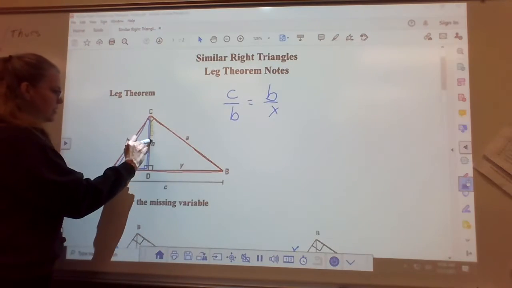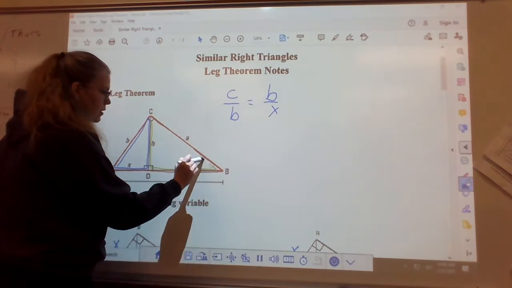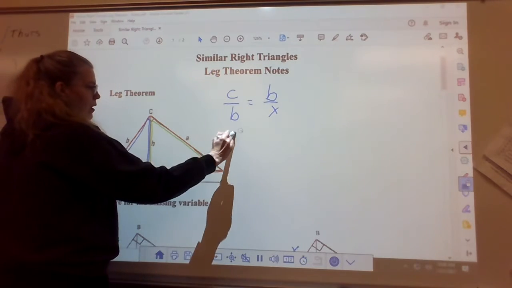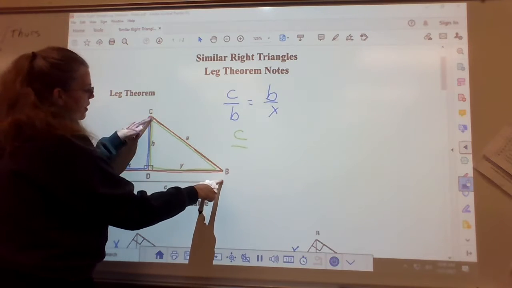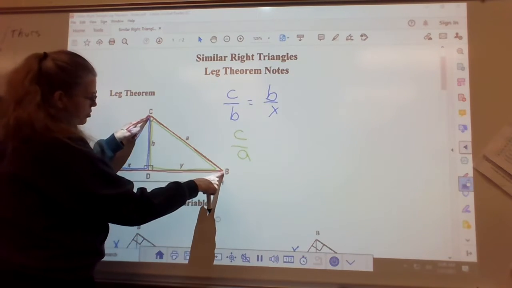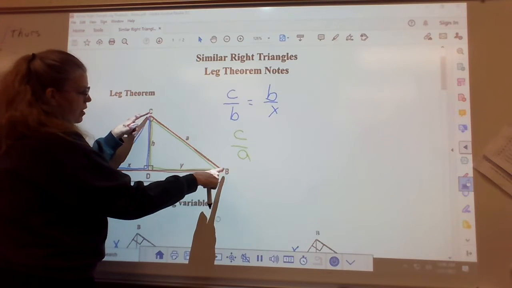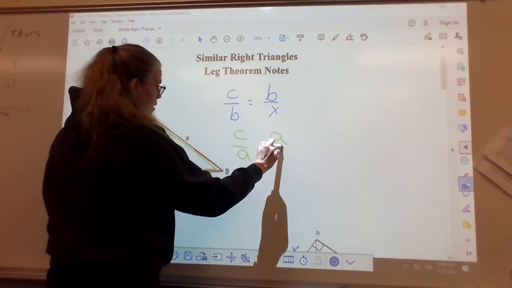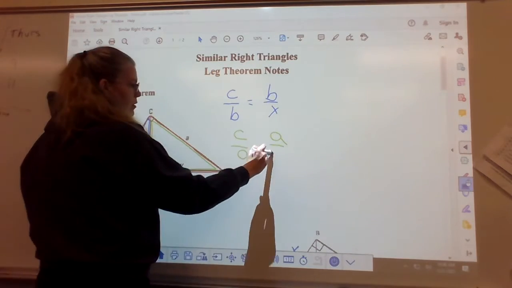So now if I go to this guy, the green one, again, I'm going to go the entire bottom over A, because it's the hypotenuse of the big one, the hypotenuse of the green one. I'm going to reuse the A, because now it's the leg of the big one over the leg of the little one.